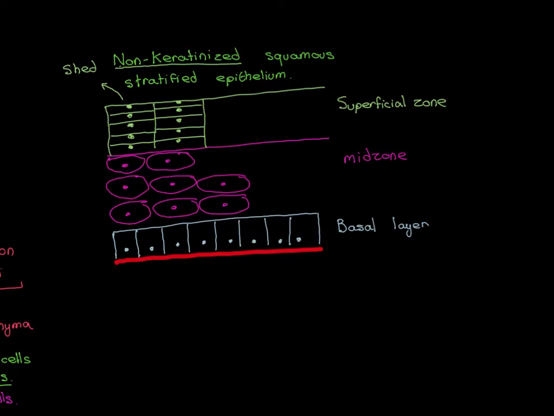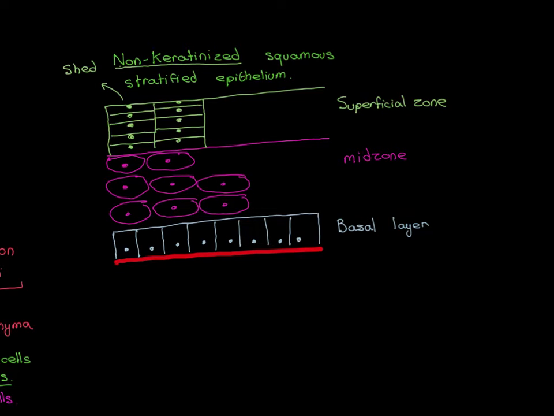In the oropharynx, the oral cavity, the bottom portion of the nasopharynx, the laryngopharynx, and the top portion of the larynx and the esophagus, you don't need quite the same level of protection as the skin needs. So these are non-keratinized squamous stratified epithelia. And there are other examples of non-keratinized squamous stratified epithelia in the body. For instance, the anus is lined by one.